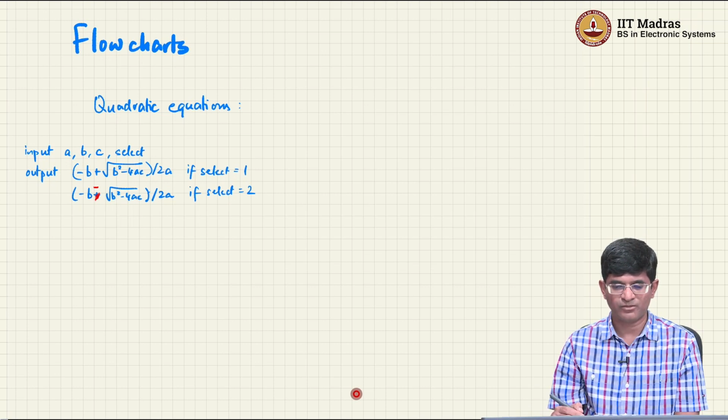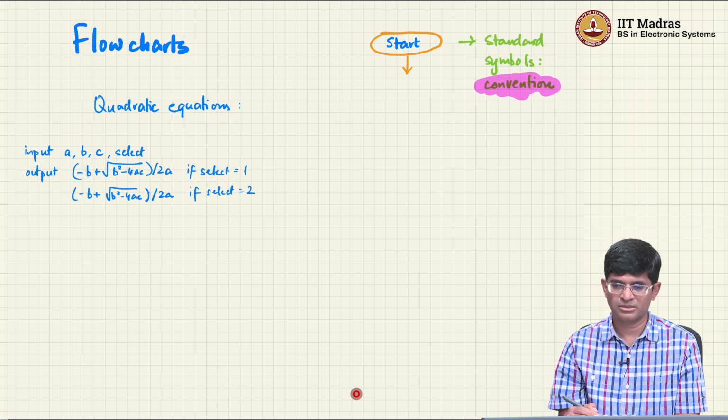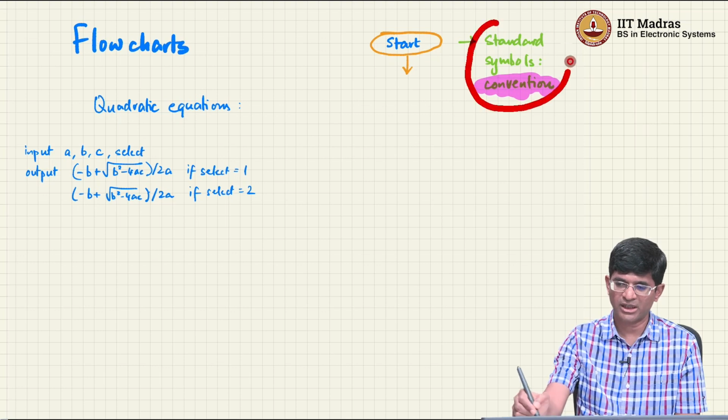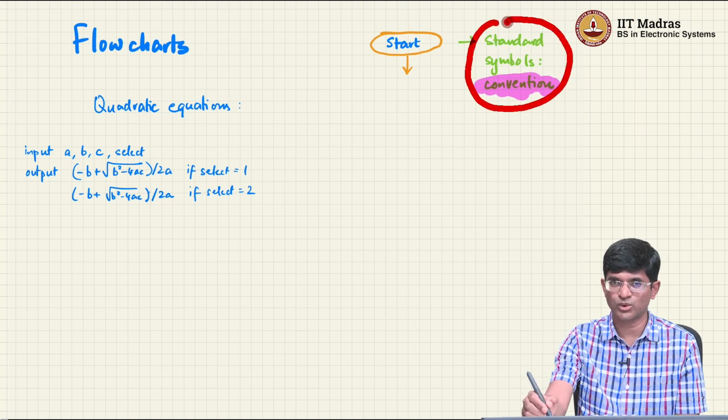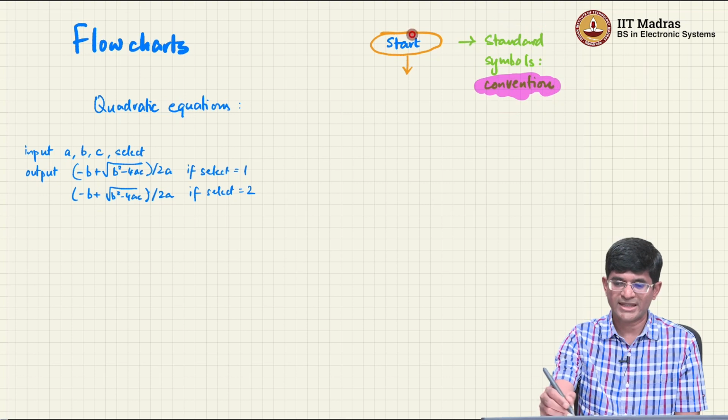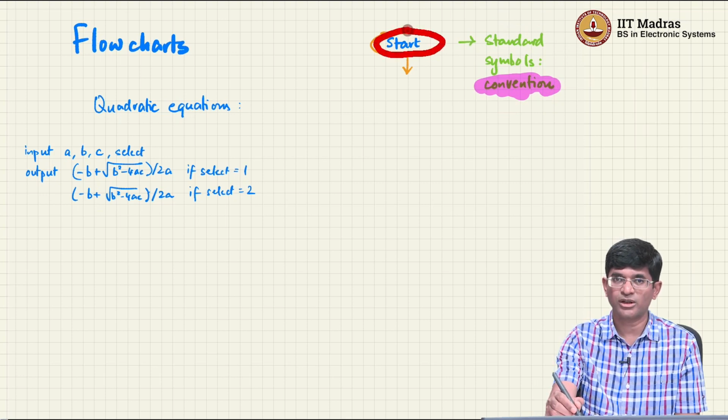So now the question I have to ask is, how do I go about solving this problem? We are going to draw a flowchart for this purpose, and as you will see, there will be a lot of standardized symbols that I use. For example, this oval is used to indicate the start of a flowchart.